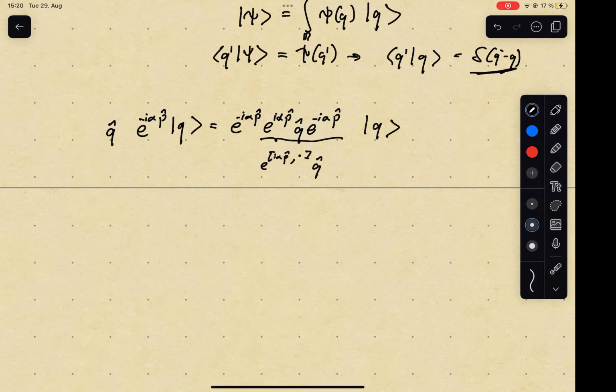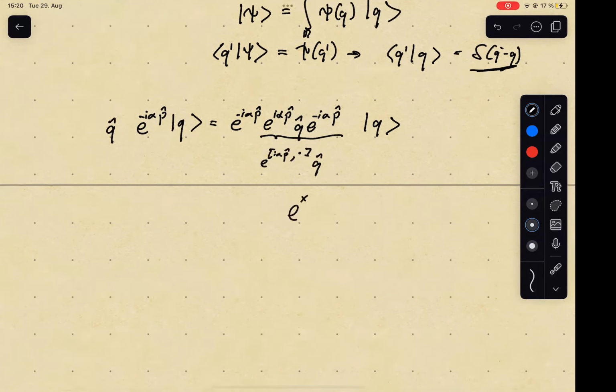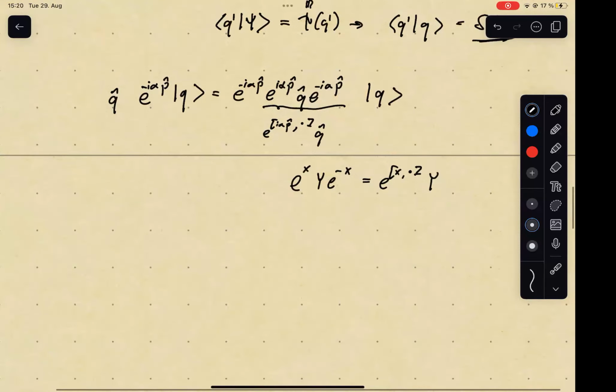I mean, by e to the x, y, e to the minus x equals e to the adjoint of x applied to y. So this is just the correspondence between the adjoint action on the Lie group and on the Lie algebra.